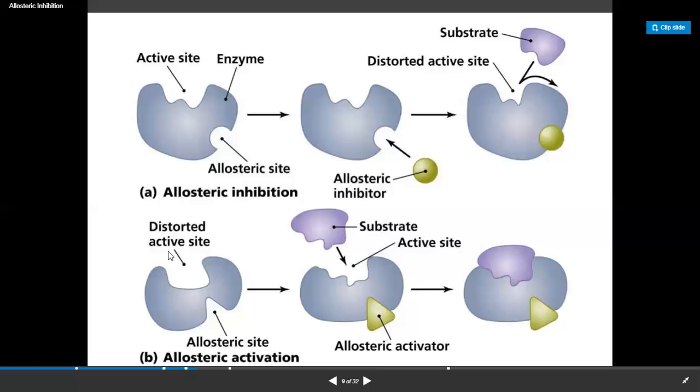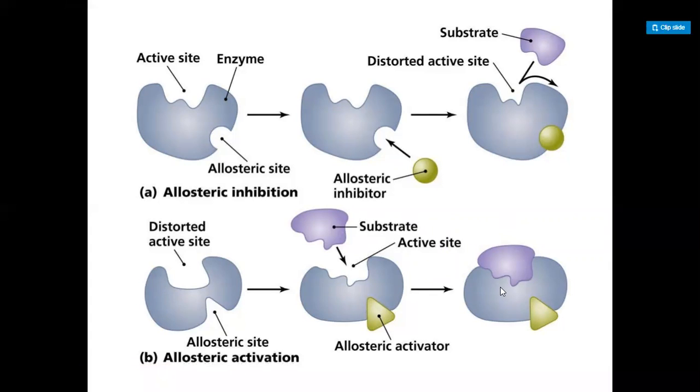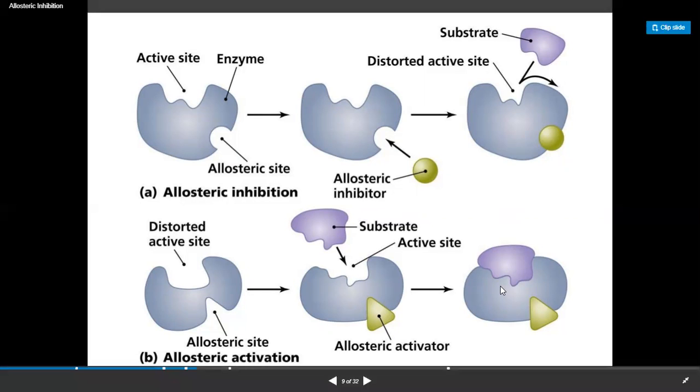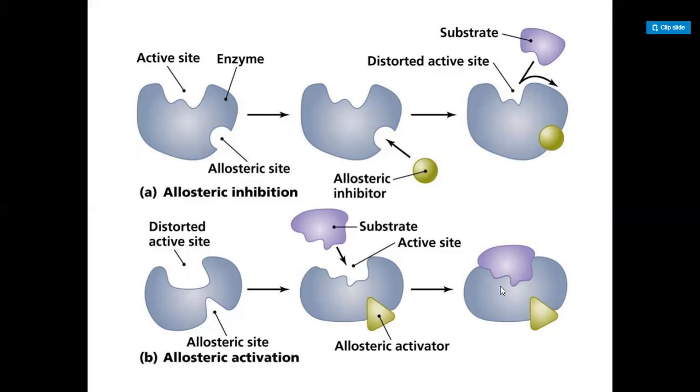Similarly, when an activator binds and distorts the active site, it will lead to the activation of the reaction. This is an allosteric activator. When it binds and a substrate binds to it, the enzyme-substrate complex will form, the enzyme will be activated, and the product will be formed.